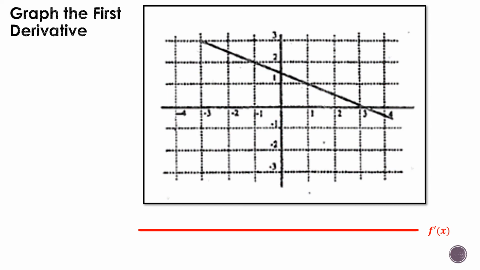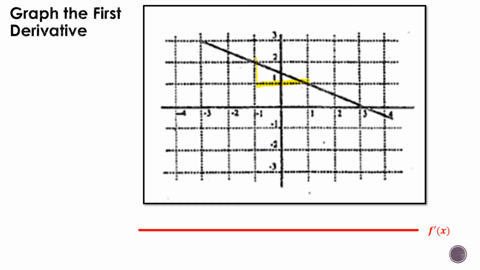But since it's a linear function, it's decreasing at a constant rate. So since we know the rate at which it's decreasing, which is its slope, I'm not just going to put negatives. I'm going to put negative whatever the slope is. If I look at 2 points on this graph, I'm going down 1 and then over 2.